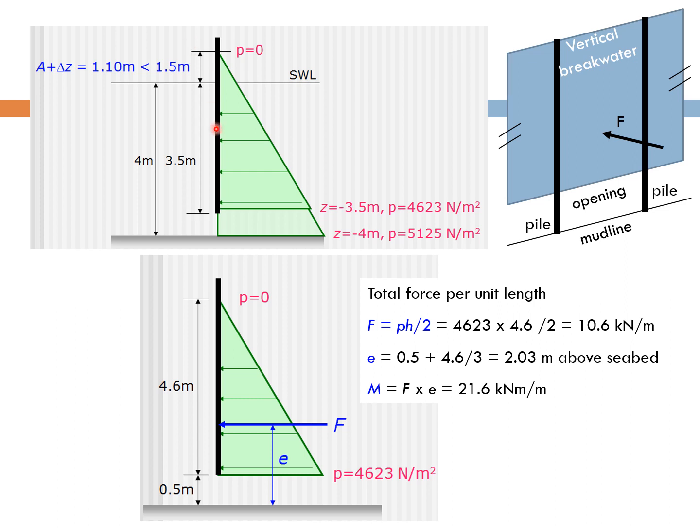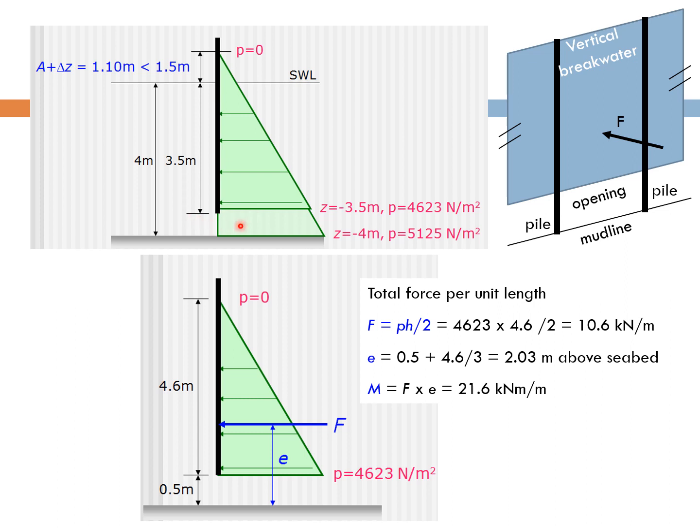Also, from the previous slide, we have solved that the pressure at z equals -4 at the seabed is just over 5,000 Newtons per square meter. However, because there's an opening over here, the pressure due to the wave is not acting on the structure. It will pass through.